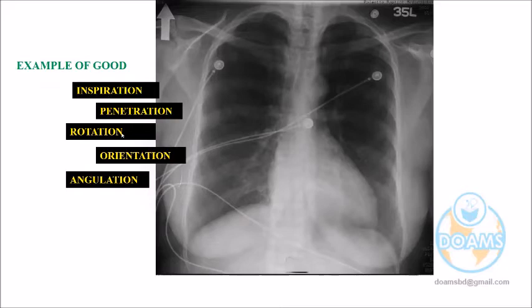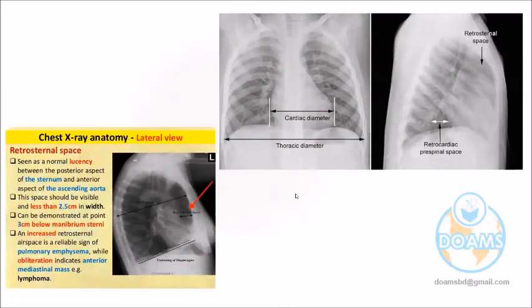Angle, normal angle. Okay. Heart orientation is okay. Rotation is okay. Penetration is okay. Inspiration is okay. So whenever we get an X-ray, I will identify whether these things are correctly done or not. Thank you very much.